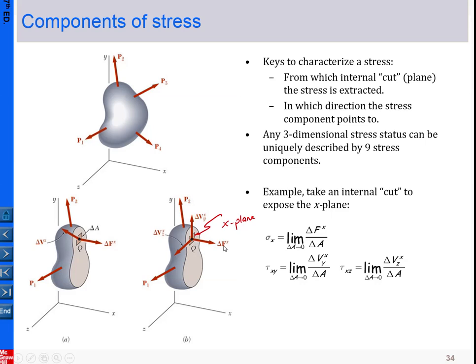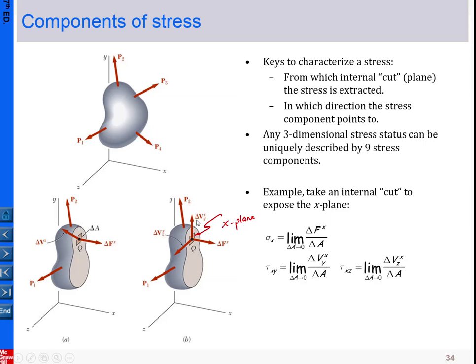In the x direction, the force is by chance normal to the x plane, so we use F. In the y and z directions, the 2 forces are parallel to the x plane, so we use V. We use delta to mean the corresponding small amount that happens on this small area, which has the area delta A. Here is a magnitude, here is the area. Dividing magnitude by area gives us stress, and since this is derived from the normal force, that's a normal stress.